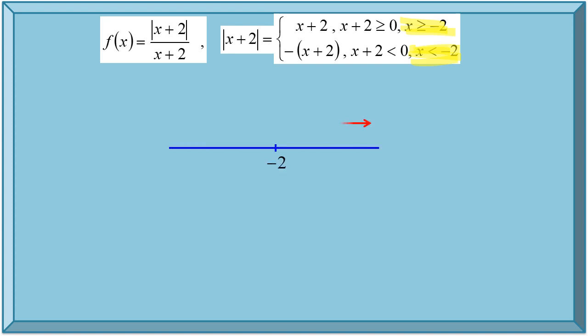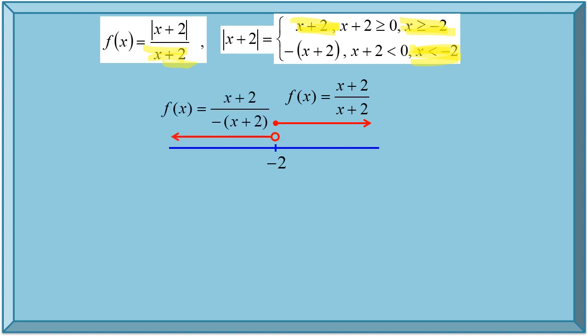So our f(x) will be, for x more than or equal to negative 2, x plus 2 divided by x plus 2. And then on the left side of negative 2, we use the function negative of x plus 2 divided by x plus 2.